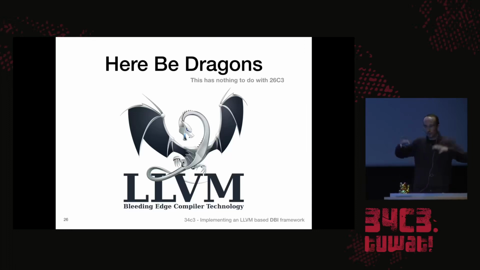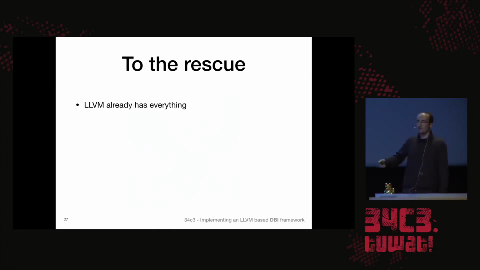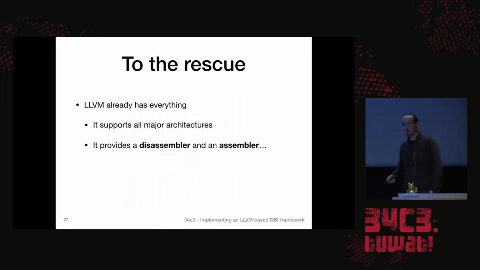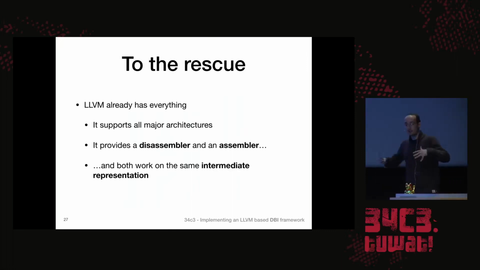It's like a whole toolkit that provides tons of things to play with binaries. So, in fact, for us, LLVM already has everything. It supports lots of architectures, all the major ones: ARM, x86, x86-64. It provides both a disassembler and an assembler, and more than this, it also provides the intermediate representation that links the disassembler and the assembler.